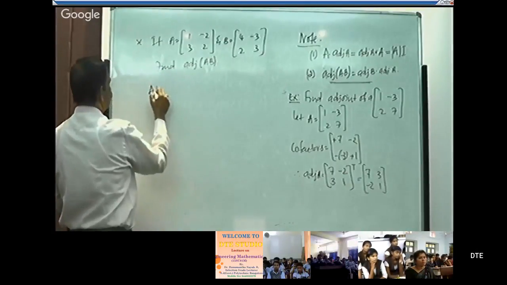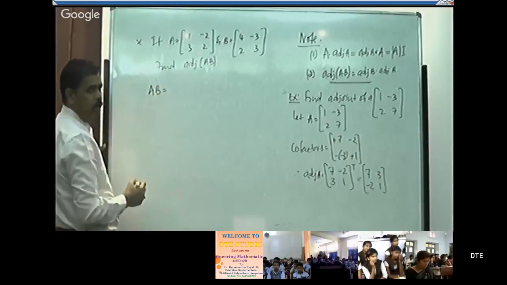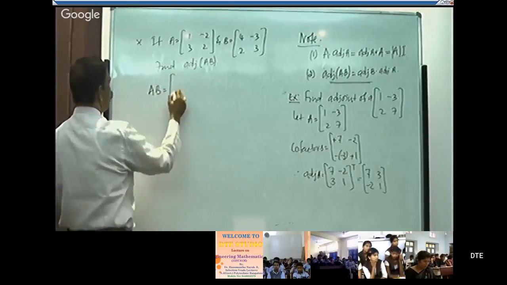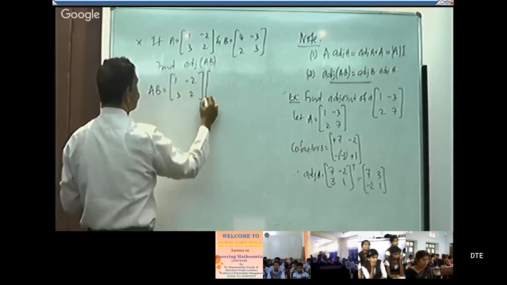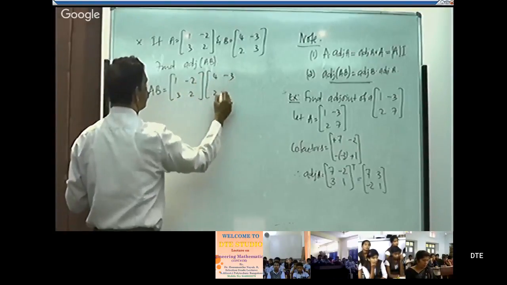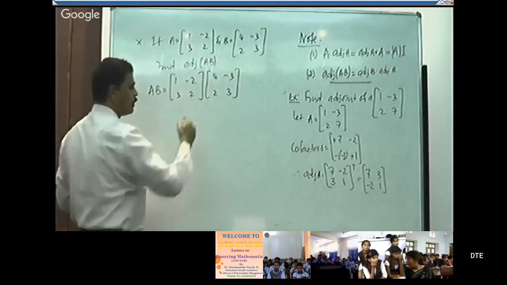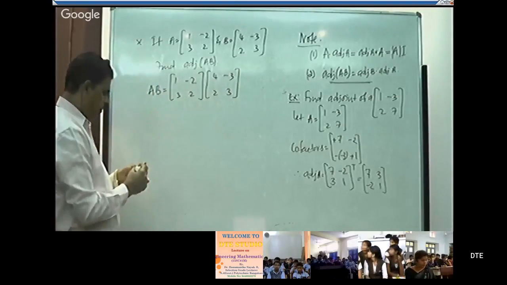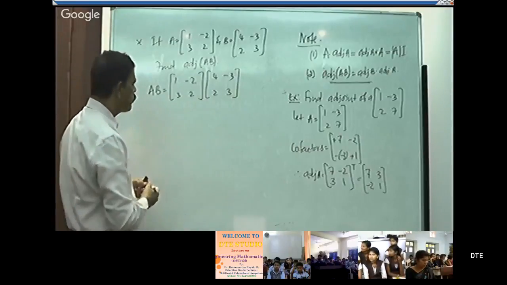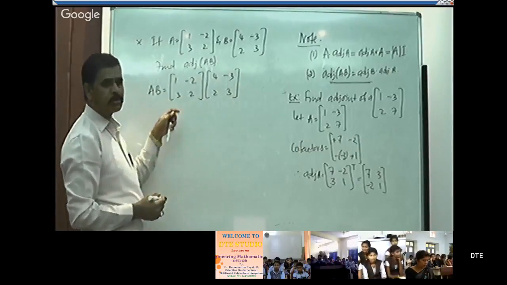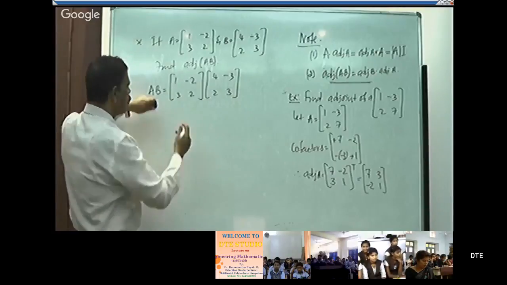First, I am taking the product of A and B. A is 1, minus 2, 3, 2. B is 4, minus 3, 2, 3. Take the product. What is the procedure to find the product of two matrices? It is rows into columns, right?